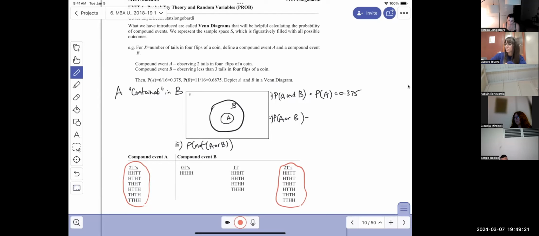What about the probability of A or B? To be in A or B is just to be in B, which is 0.6875.